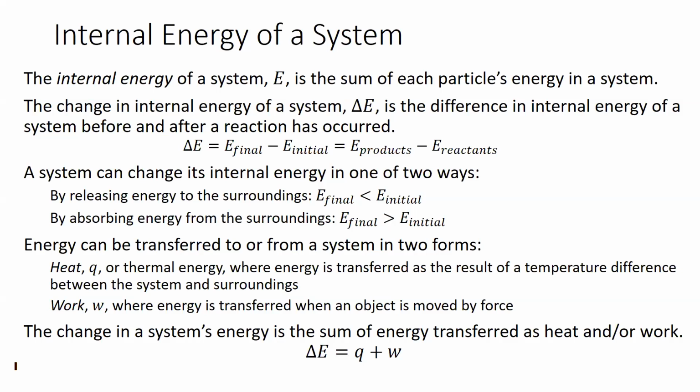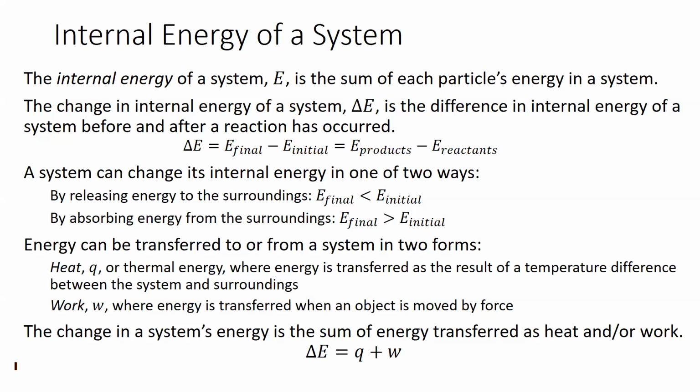And so in chemistry, we're often interested in changes in energies because the changes in energies are when interesting things happen. So when a chemical reaction occurs, there's going to be a change in energy for that system that we're studying.